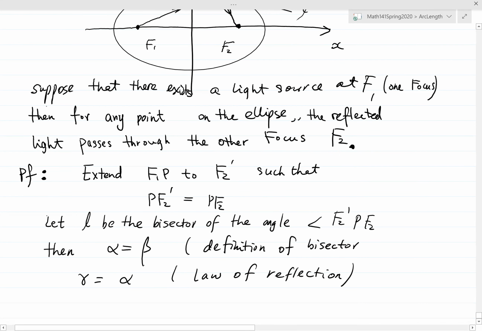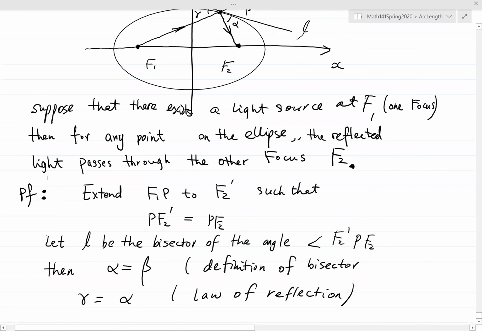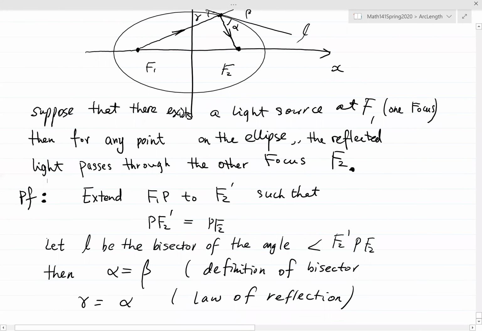So if we claim, here the only thing that we need to show is that line L, the bisector, is the tangent line.